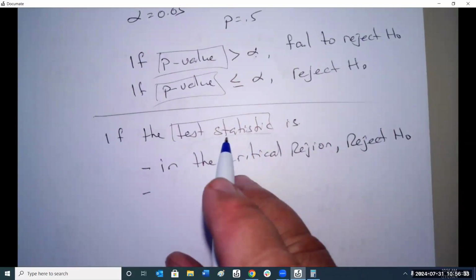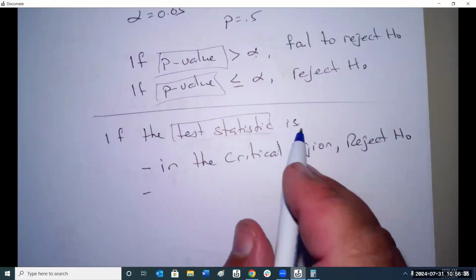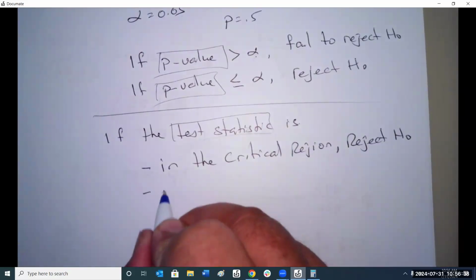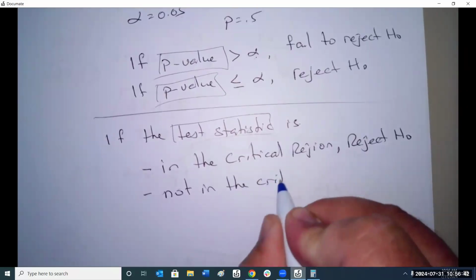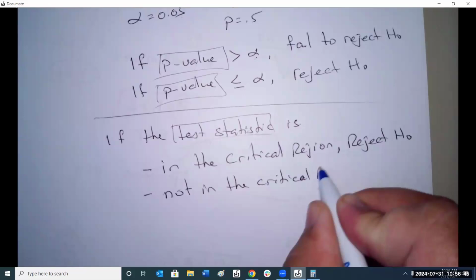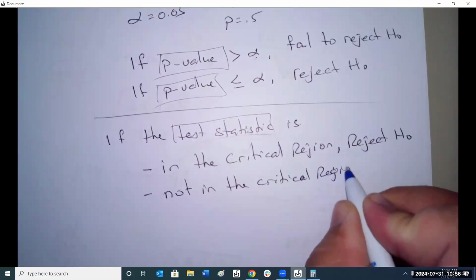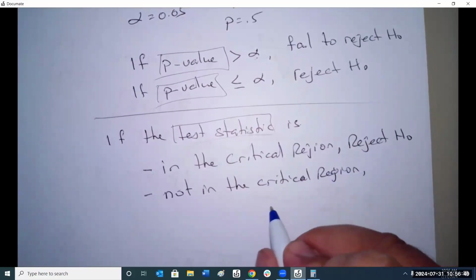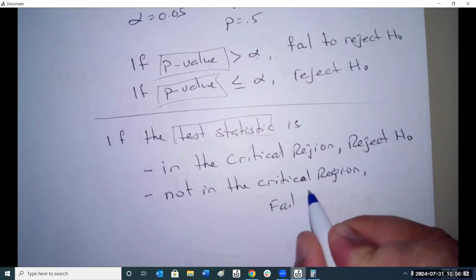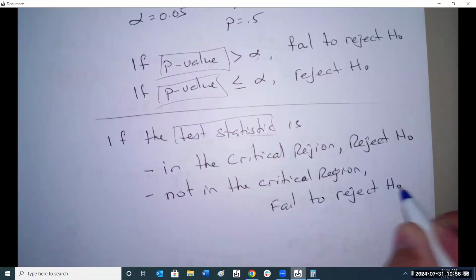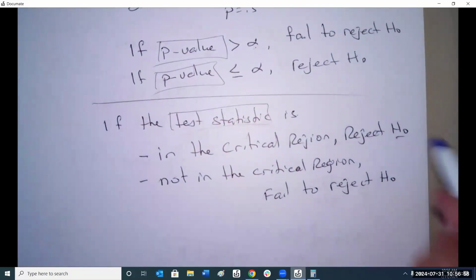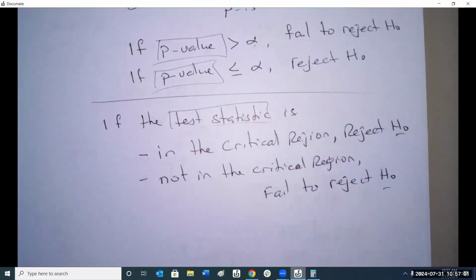If the test statistic value is not in the critical region, then you fail to reject H0. Because it's all relative to our null hypothesis. All this really tells us is we have more testing to do.